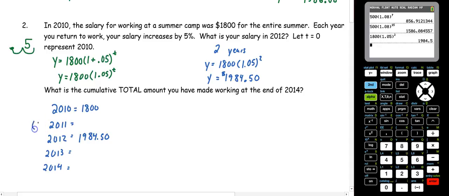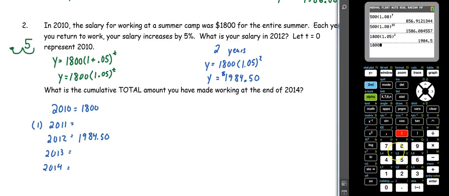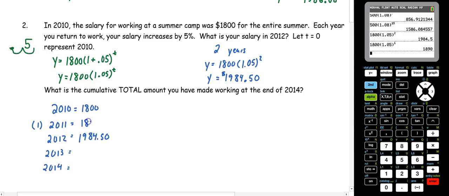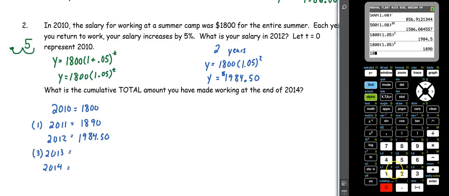In 2011, that's 1 year, so we're going to do 1,800 times 1.05 to the power of 1. That gets us $1,890. 2013, that's 3 years. So we're going to do 1,800 parentheses 1.05 to the power of 3.